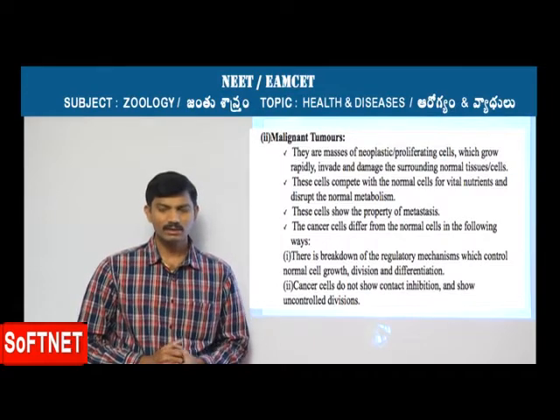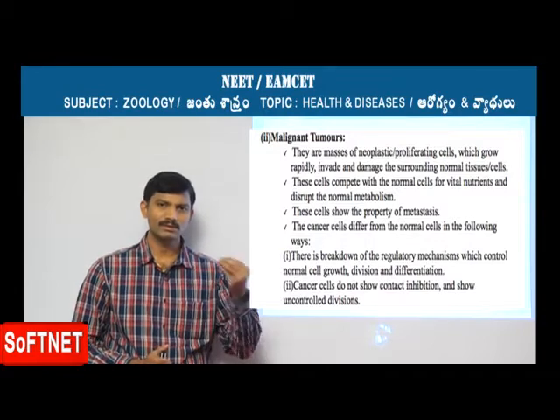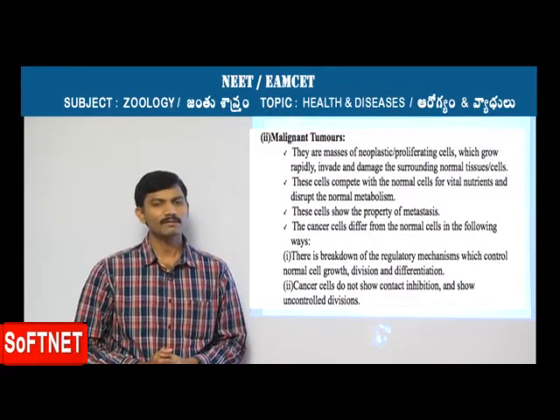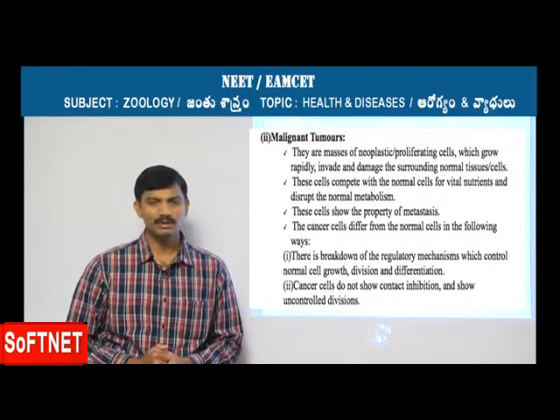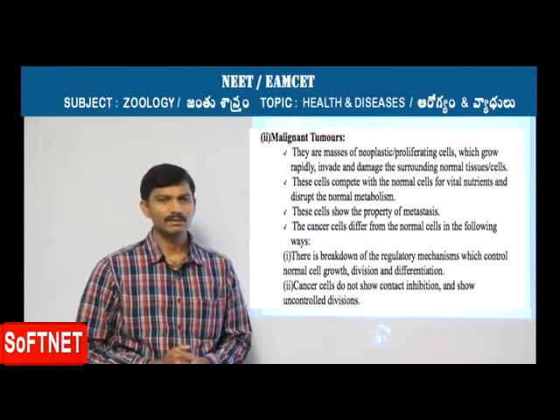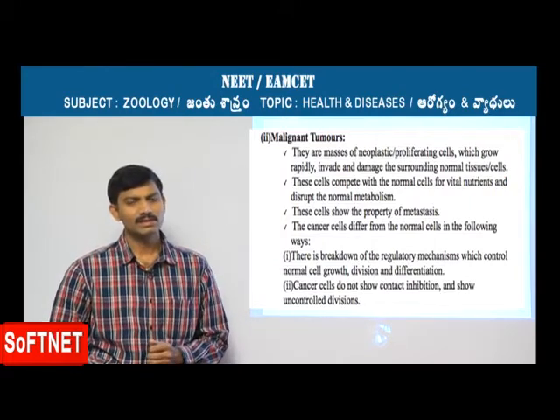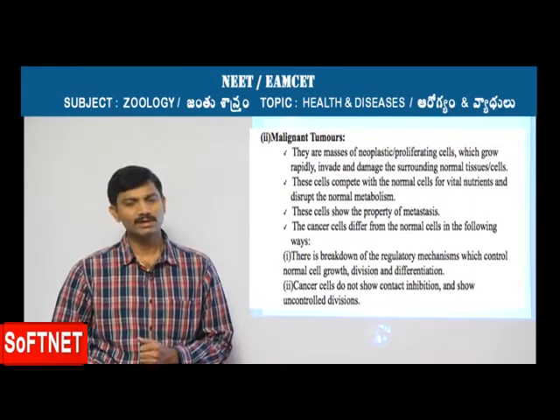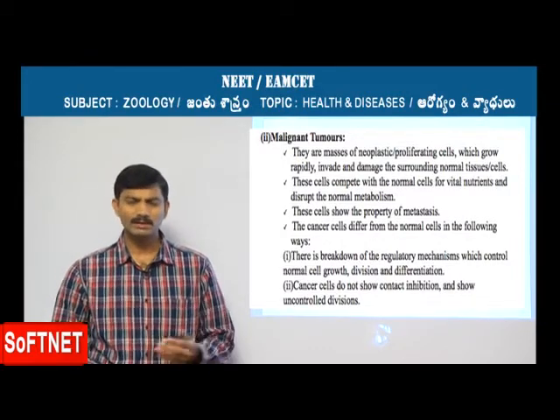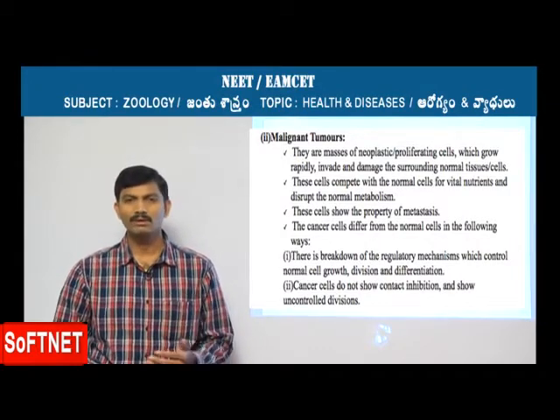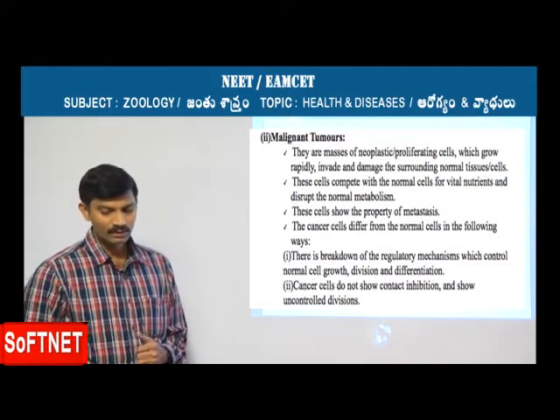Metastasis is a condition in which these cells detach from the tumor and spread to different parts of the body. That is one of the main important properties of malignant tumors. Not only that, these cells compete with normal cells, especially for nutrients, and also disrupt the metabolism of normal cells inside the body.